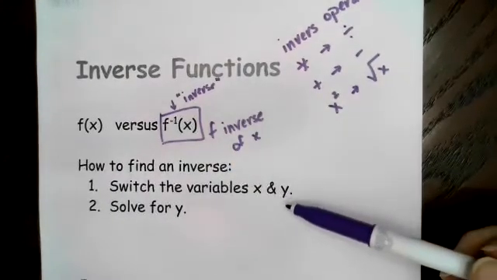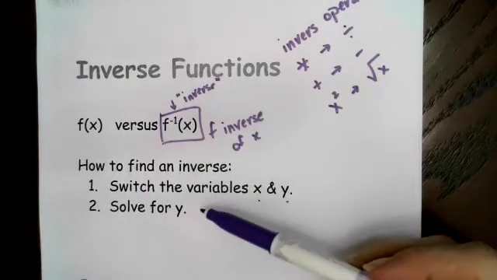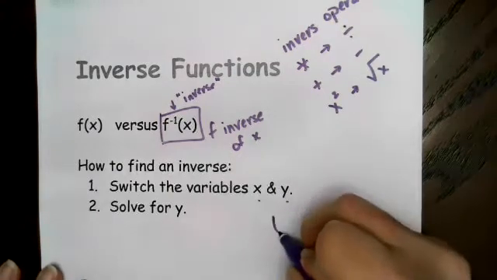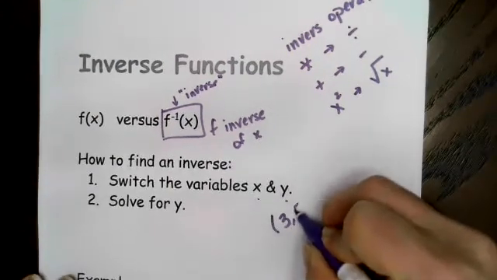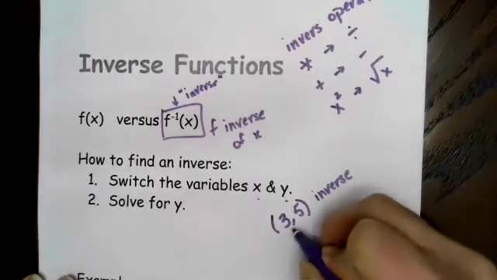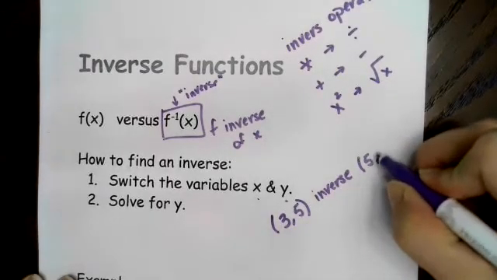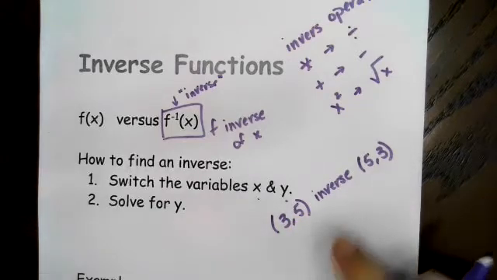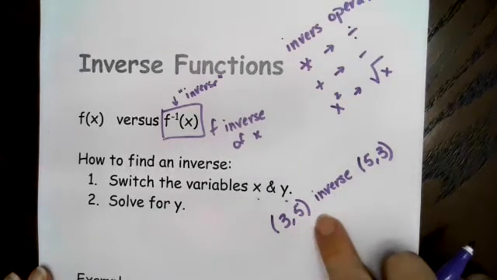There are 2 steps to find the inverse. We switch the variables x and y, and then I solve for y. So anytime we have an inverse, so if I had a point on a graph, let's say it was 3, 5, the inverse of this is to literally just switch the x and the y's. So the inverse is the point 5, 3. So we just switch them. No negatives, no multiplying, we just switch them.